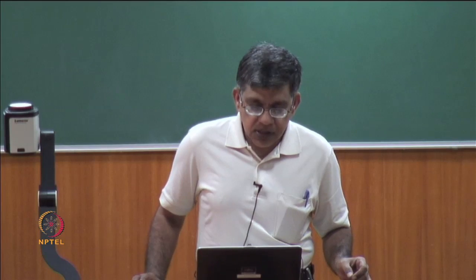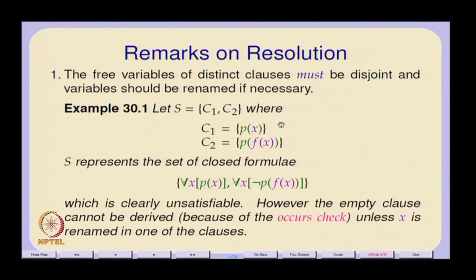So, the first remark is that you have to actually separate out all the variables from the different clauses by doing a renaming of them. Make all variables unique basically.